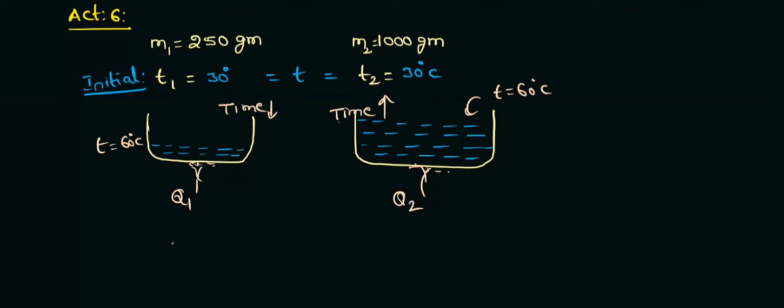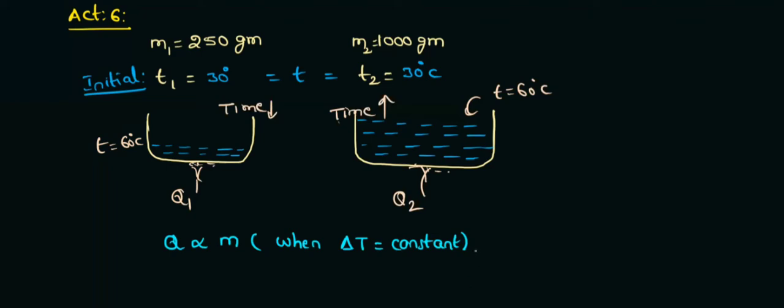That's why we can say Q is directly proportional to mass, because in both cases delta T is constant, meaning the change in temperature is a common value. The first case is 30 to 60, the second case is also 30 to 60, so delta T is constant.